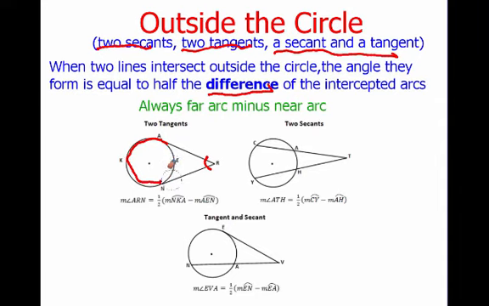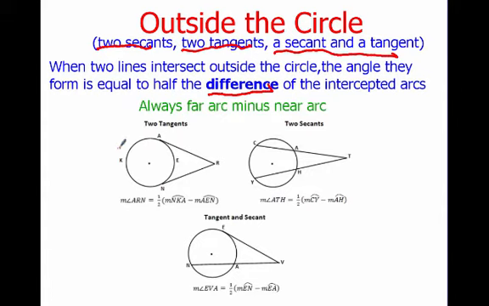Let's say that this is 260 degrees, and this one is 100 degrees. No, that's a bad example. Let's not do that one.